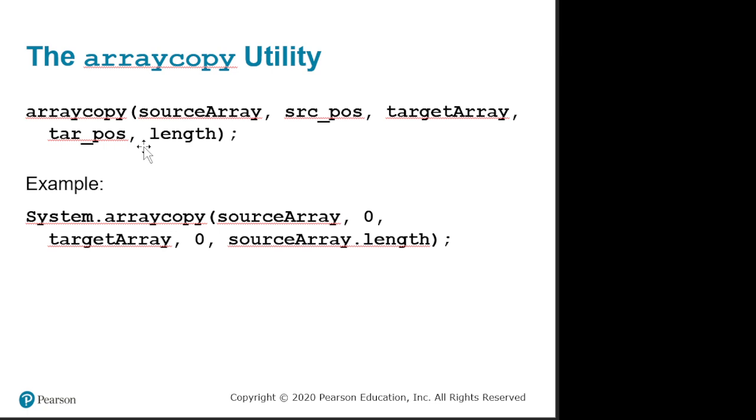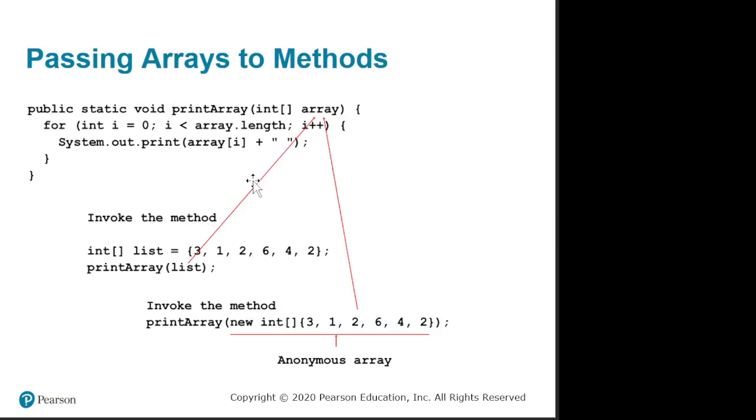There's a third way called clone, which doesn't get introduced until Computer Science 2. And then we've already begun passing arrays into methods. In the examples I've been using, I've been passing arrays into methods. And when we pass the array into the method, that method works on a shared array.